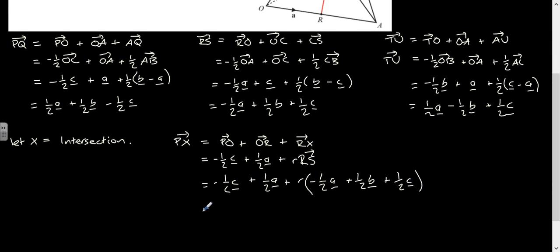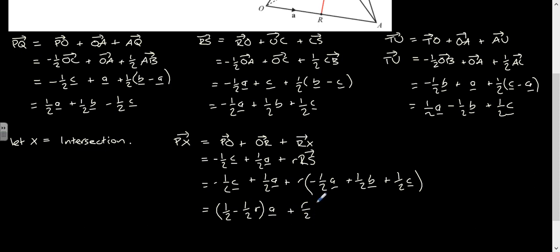Let's collect our like terms together. How many A's do we have? We've got 1/2 plus minus 1/2 R lots of A. So we've got 1/2 minus 1/2 R A. How many B's do we have? The only B is plus 1/2 RB.